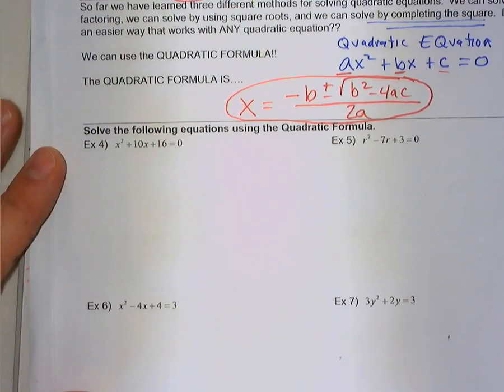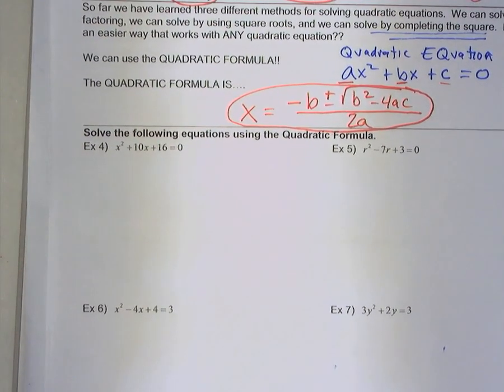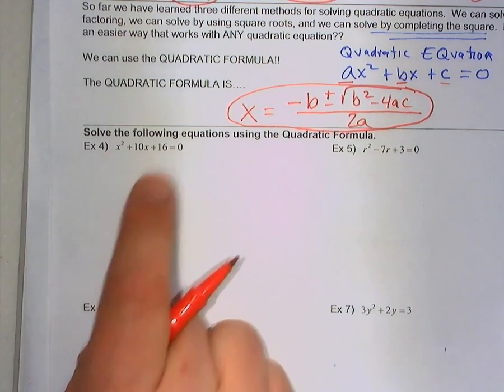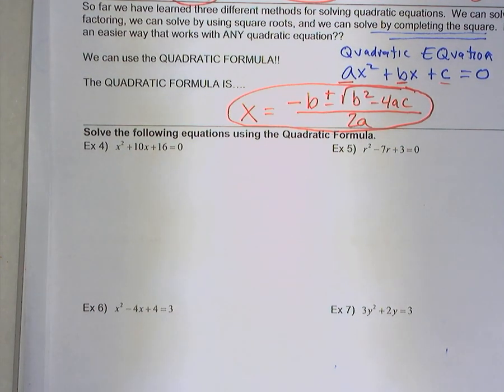Okay. All right, so let's take a look. The first thing we always want to do when we're using the quadratic formula is get your stuff equal to 0. And we have that. We have x squared plus 10x plus 16. All that stuff is equal to 0. Okay? All right.